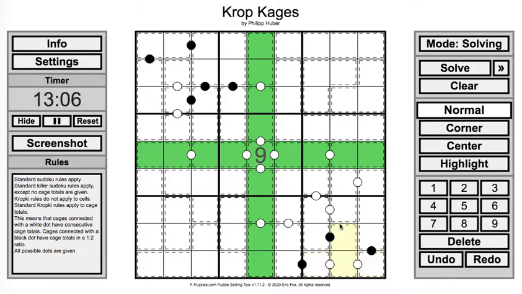So we get whatever sum is in here, and we go +1 on either side and -1 on the other, and then we get the sum of these 4 cells, which is divisible by 3. Now we can see that from each of these 3 cages we have a black dot somewhere else.